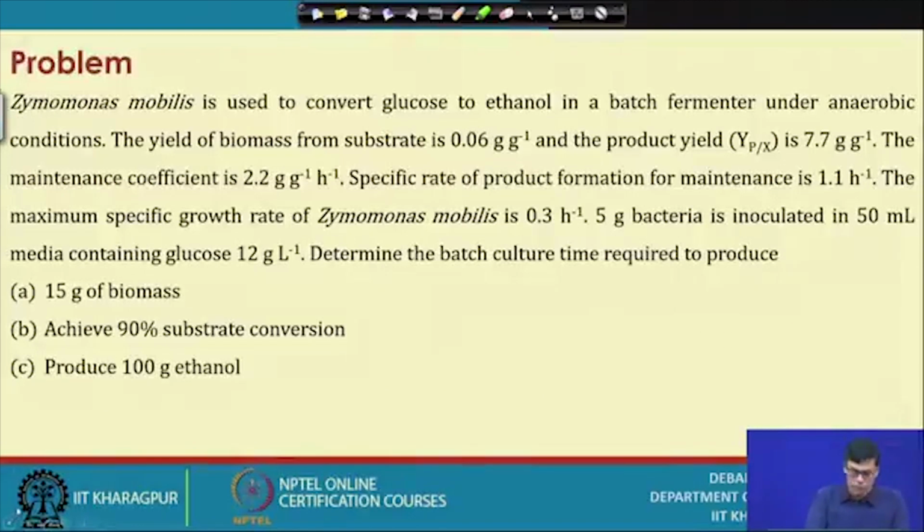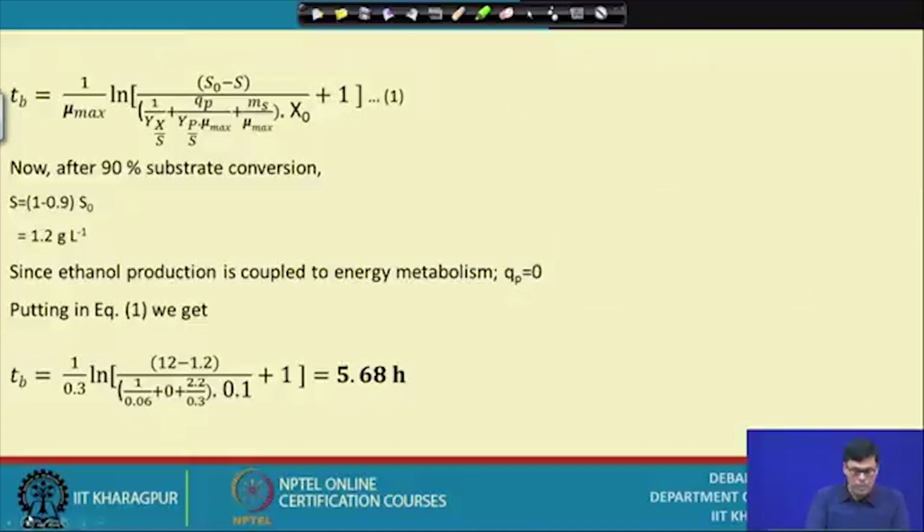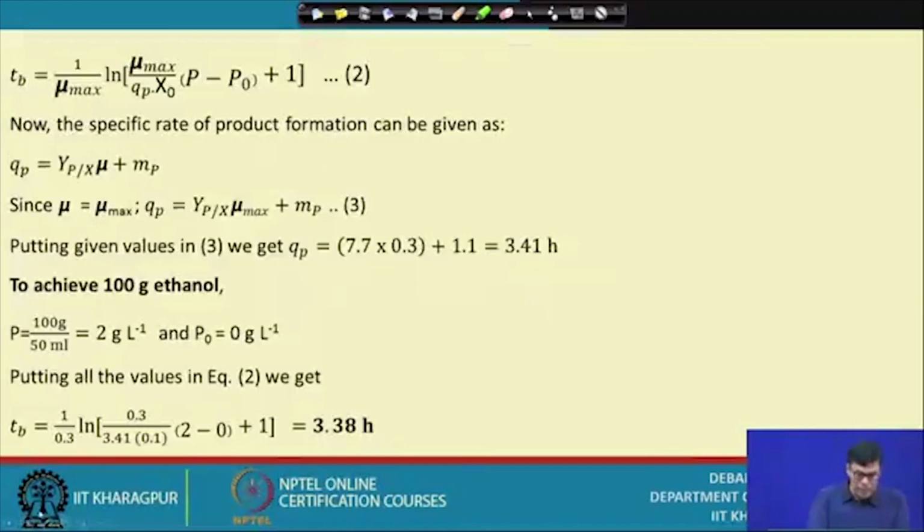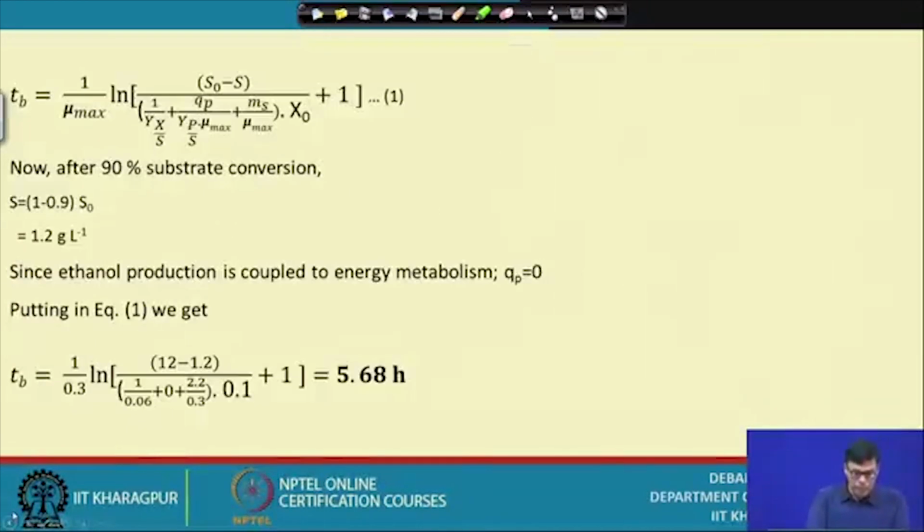Now in this problem, if we assume this is equal to cell mass growth, in this equation you have 3 parts, am I right? This is the cell mass growth, another is the product formation and the maintenance.